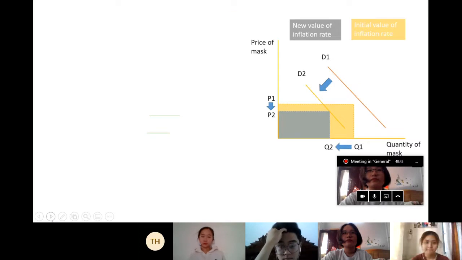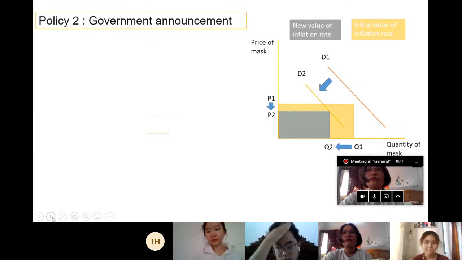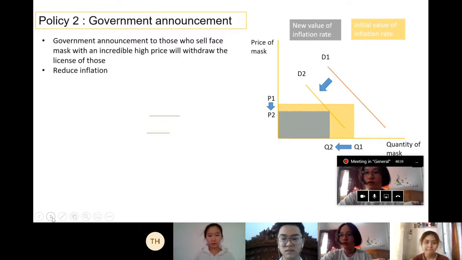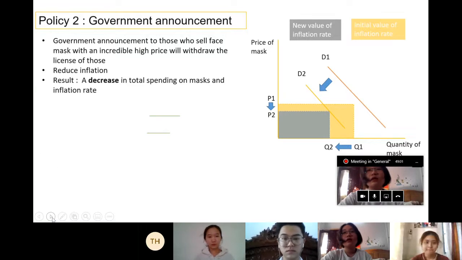About the second policy, the government announcement. The government announces that those who sell face masks at an incredibly high price will have their license withdrawn. By using this method, inflation has been reduced, and the result is a decrease in total spending on masks and the inflation rate.